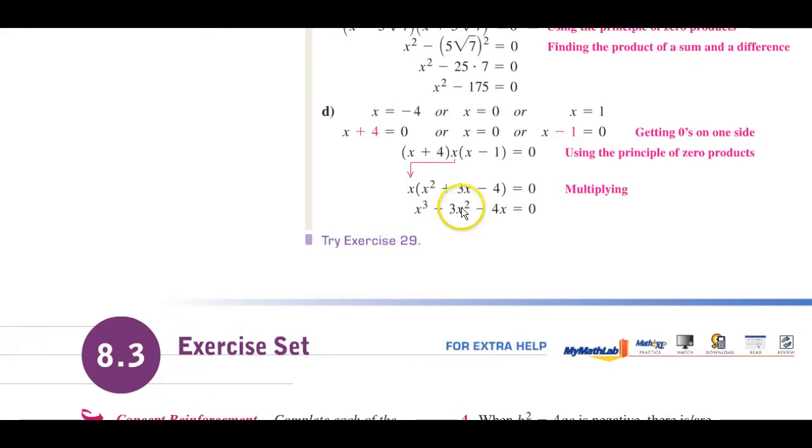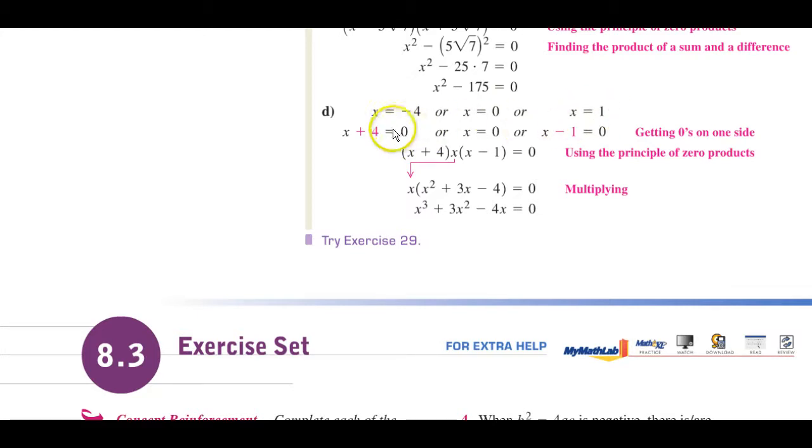Okay, looking at letter D now. Here we have 3 answers. A -4, a 0, and a -1.